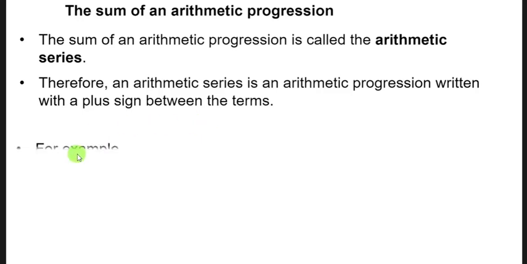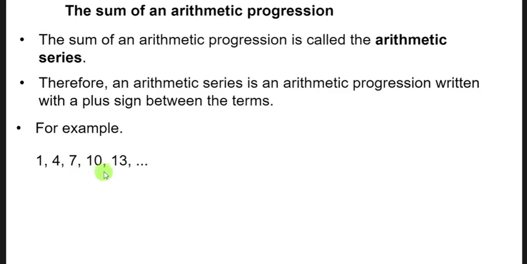For example, if we have this as our arithmetic progression, 1, 4, 7, 10, and 13, we call it an arithmetic progression because the difference between the consecutive terms is constant.